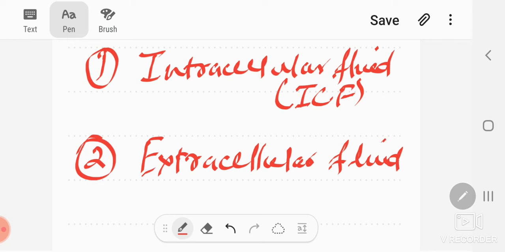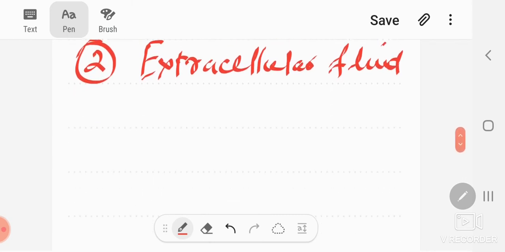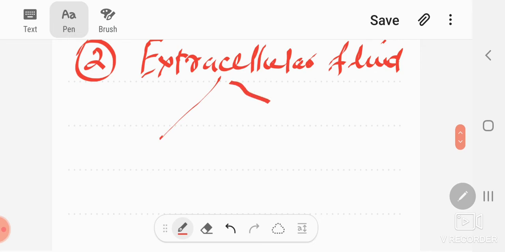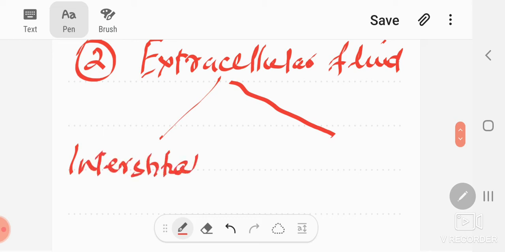This is the amount of fluid that is present outside cells. It is further divided into two compartments. One is interstitial fluid, the fluid present outside the cells in the interstitium, and blood.